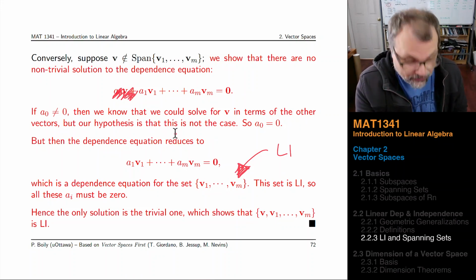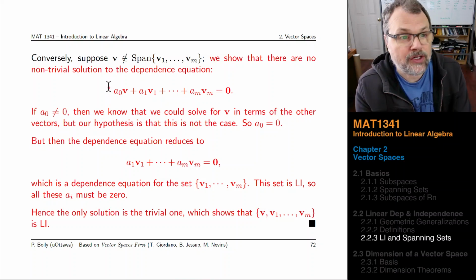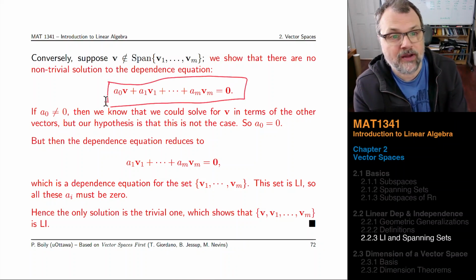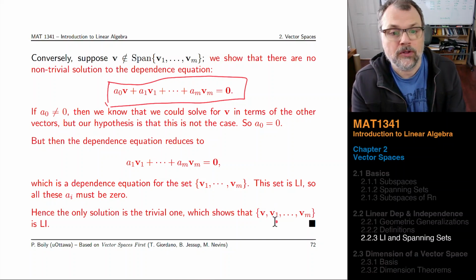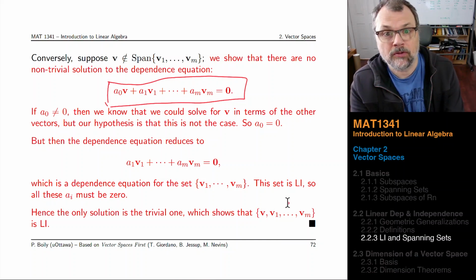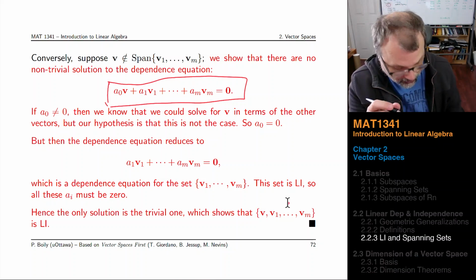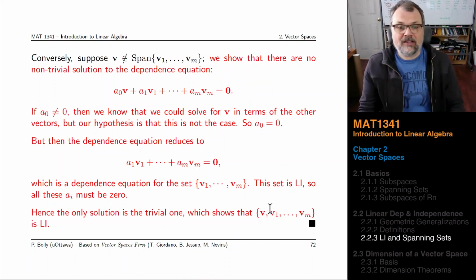So if you have a linear combination of v and the vectors v1 to vm that adds up to 0, you don't have a choice. It has to be the trivial solution, and hence the set v, v1, v2, all the way up to vm is linearly independent.